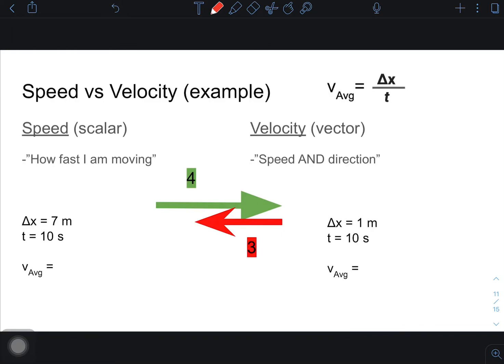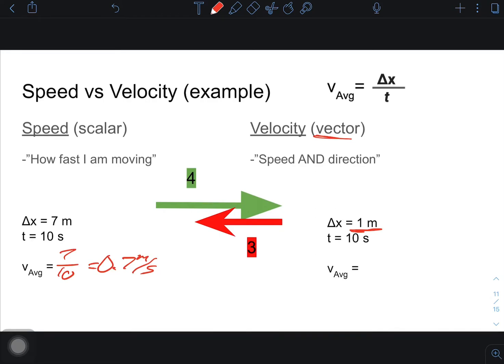So for this one, same idea. We can go through and say, well, my distance was 7. How far did I walk? I walked 7 meters, so we can say 7 divided by 10 is 0.7 meters per second. That's my speed. But if we're talking about velocity, my displacement is only 1 meter, and I should have, and I messed this up, and I apologize.